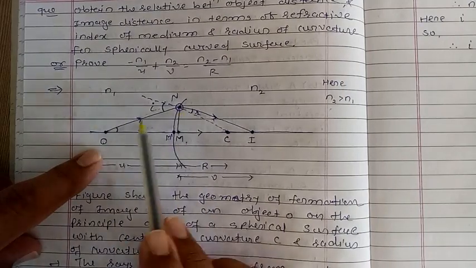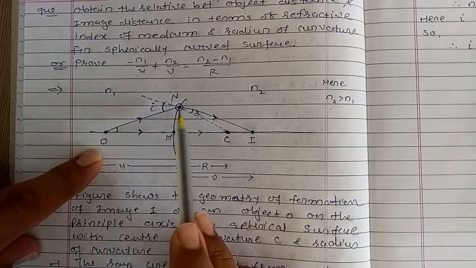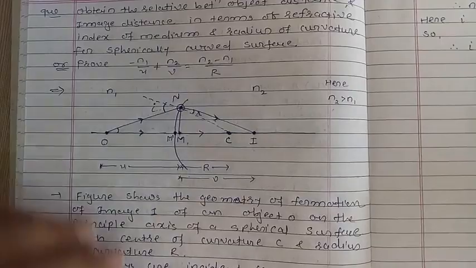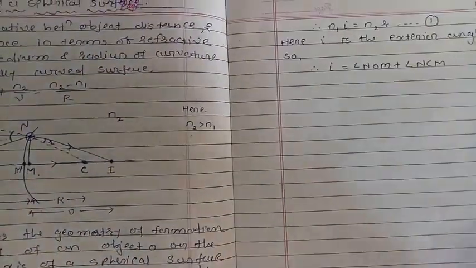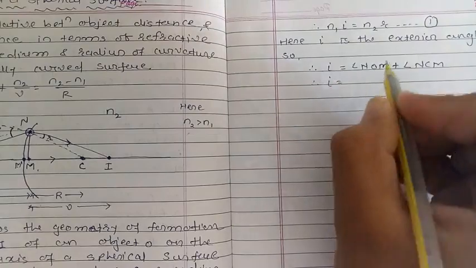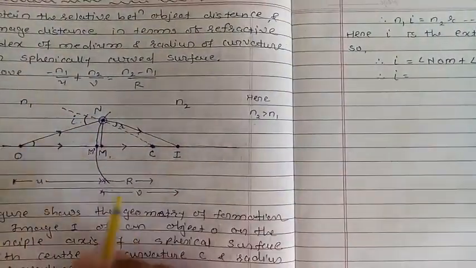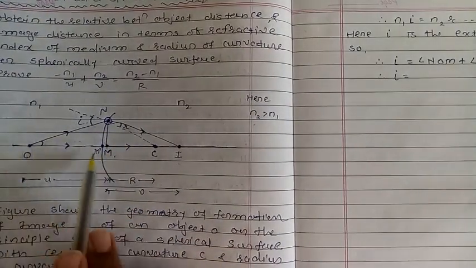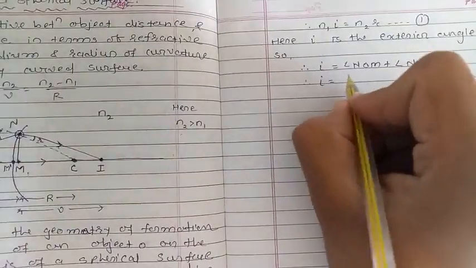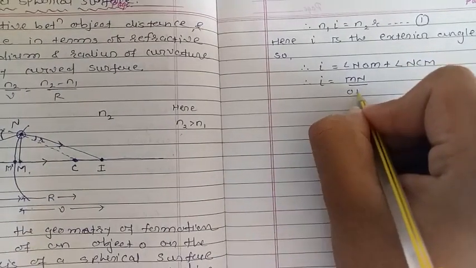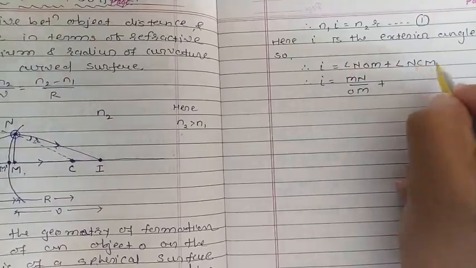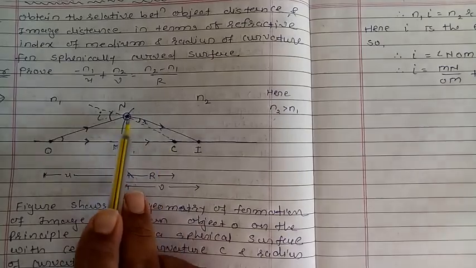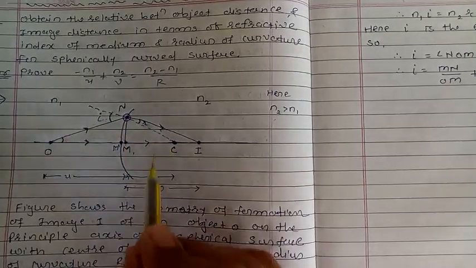So we can write that angle NOM is equal to MN upon OM. So i is equal to angle NOM, opposite side MN and adjacent OM, so MN upon OM plus angle NCM. See here, this NCM, this angle.